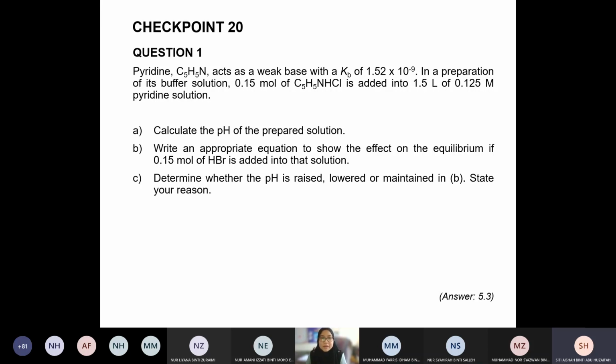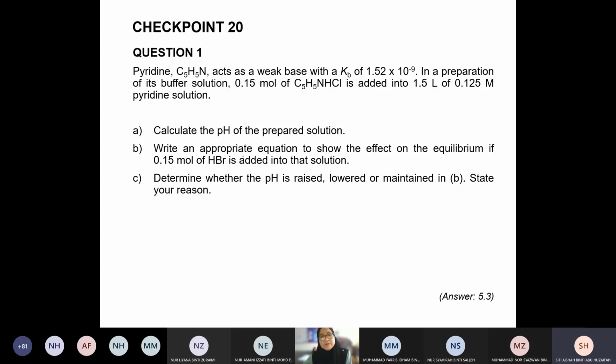This is the only practice yang you buat before you exam. Manalah tahu nanti sakit ke, demam ke, tapi nak sit for exam. So this is the only time yang you buat practice related to buffer. Kita tak tahu, so at least ada that memory kita kutip sikit-sikit masuk dalam otak tu.